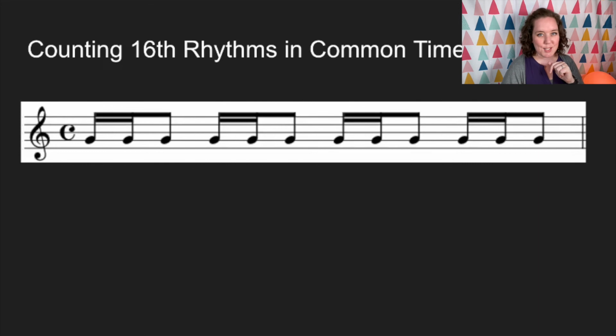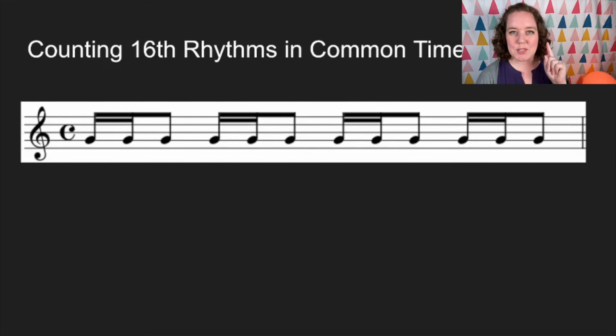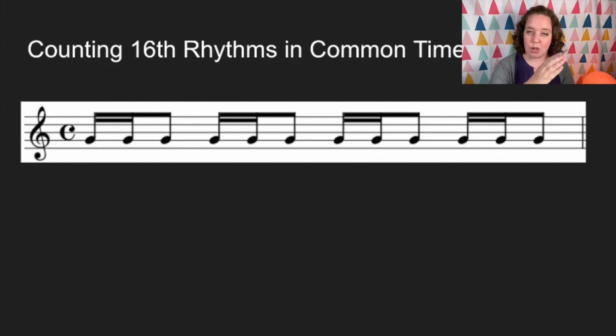And this one is the one that confuses my students the most. So I didn't put the counts up here just yet because it has 2 16ths. Obviously, those 16ths are going to be the number and the E, or the number and the T. And then the question is, what is that last 8th note going to be called?